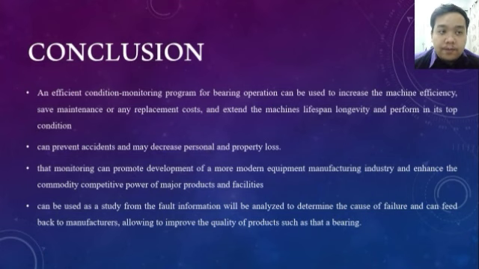This report shows how the maintenance of the bearing can be done and why it is important in any industry. Thus, it can be concluded that monitoring can prevent accidents and may decrease personal and property loss.